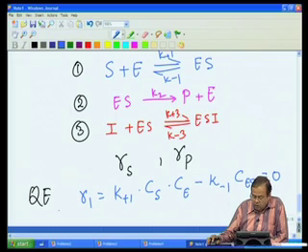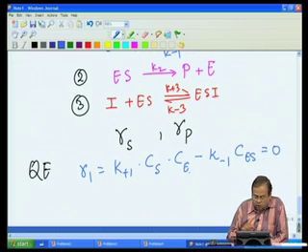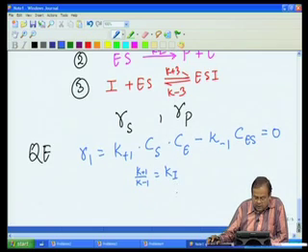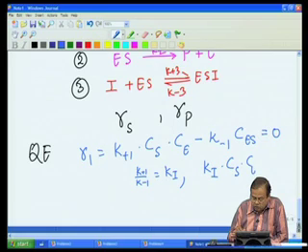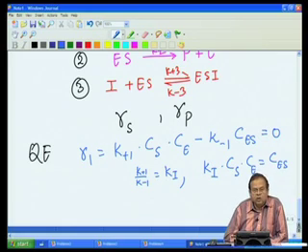Same thing for R3. So, what will this tell us? This will tell us that if I write k plus 1 by k minus 1 equal to some rate constant K 1, then k 1 into C S into C E is equal to C ES, right.